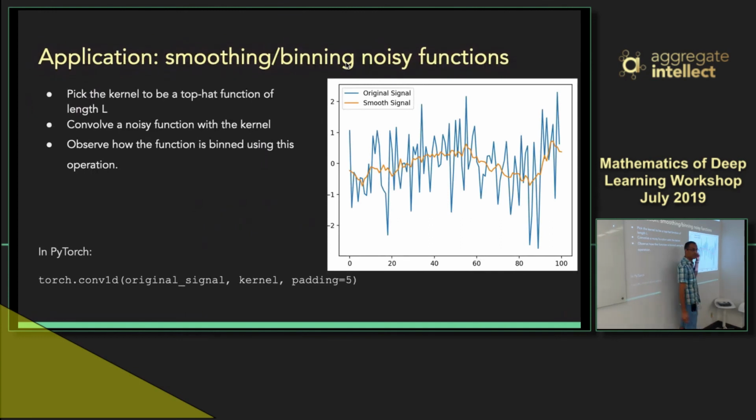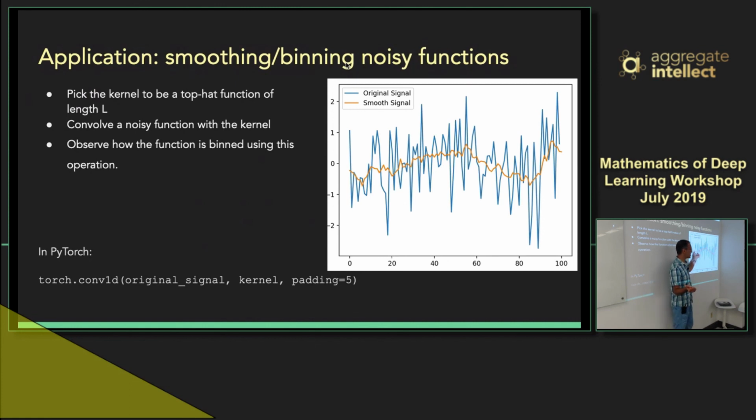There is another exercise here where you start with a noisy function, so you generate a white noise function, or a Gaussian noise function. How do you define a Gaussian random function in PyTorch? Who remembers? Random.